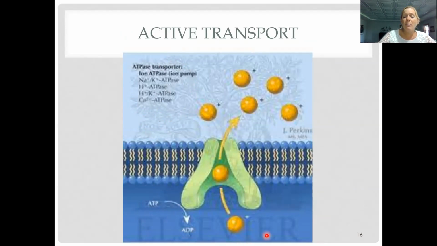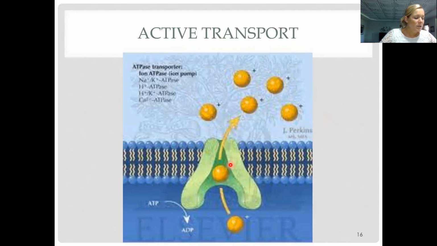I'm also going to move the molecules from low concentration to high concentration, so they're kind of going upstream. Because we're going against the concentration gradient, it requires some sort of energy contribution. With these active transport channels, notice that I can flow many molecules through pretty fast. So it is significantly faster than the absorptive process of facilitated diffusion that we just talked about.